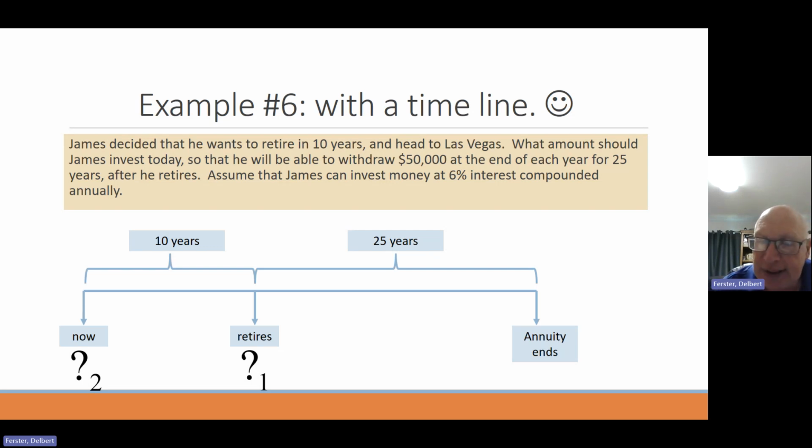That's going to be our first challenge. We must find the value of that annuity that we'll have at the beginning of his retirement plan. And then we'll turn our attention to what does he have to invest now as a one-shot investor to generate that balance that will enable him to do his retirement. So it's a two unknown attack. We turn our attention, first of all, to the part dealing with the annuity.